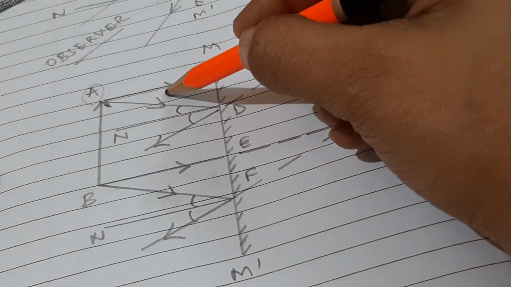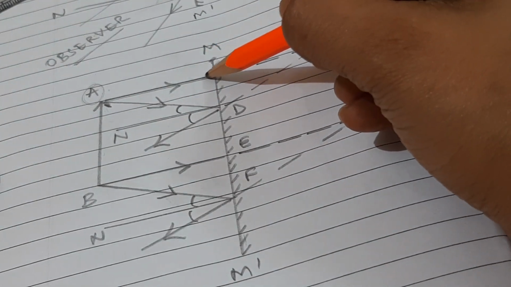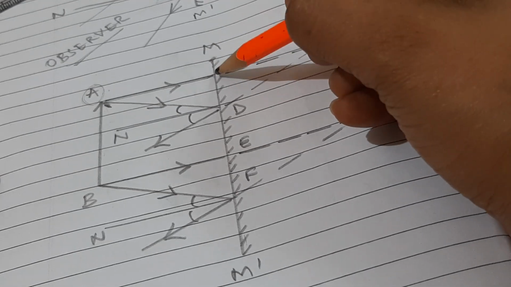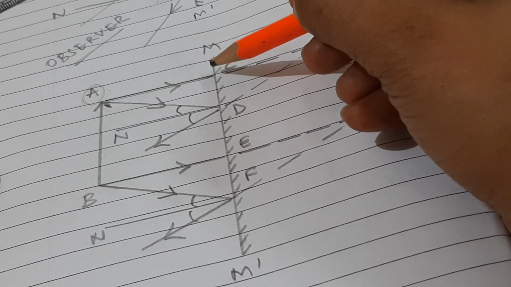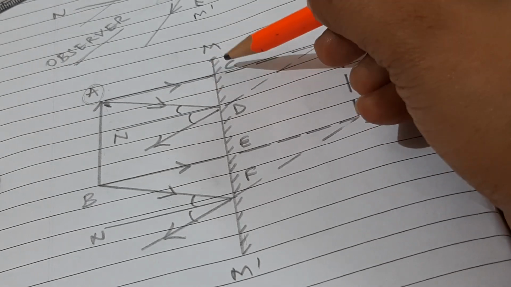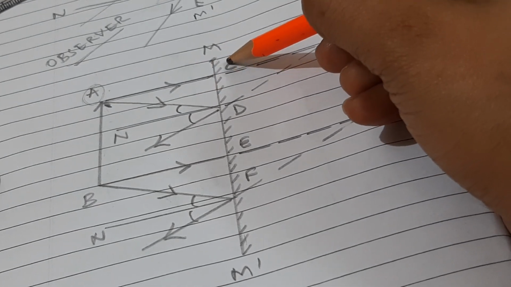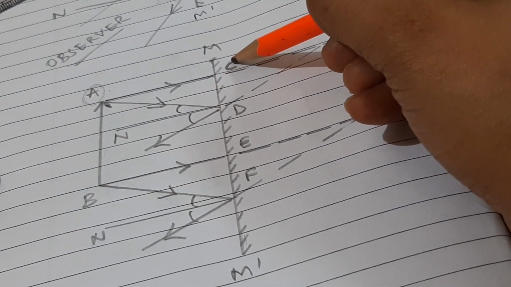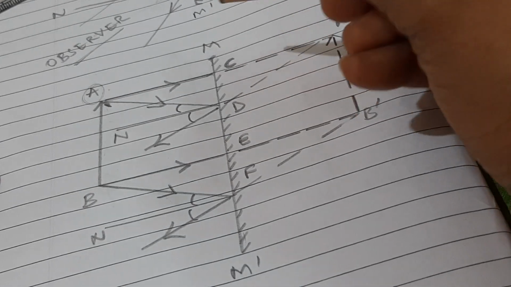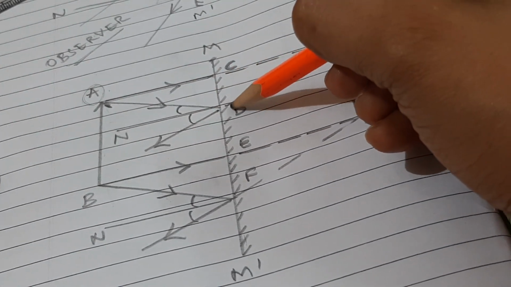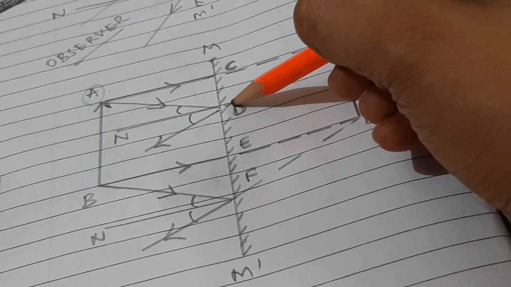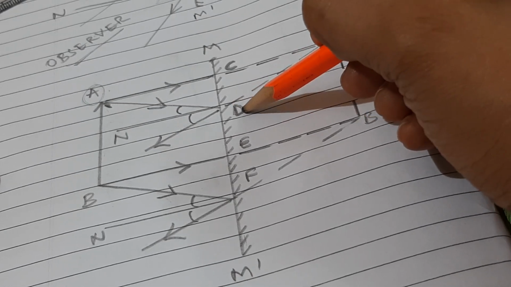Now the point at which the incident ray falls on the reflecting surface is called the point of incidence. So here this incident ray is falling at this point of incidence, which is C, and this incident ray is falling at this point of incidence, which is labeled as point D.